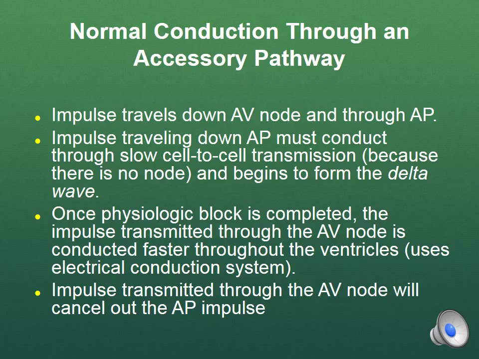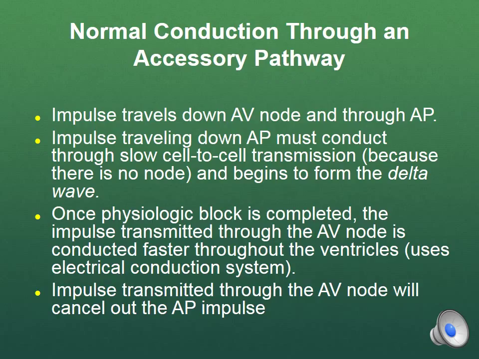The impulse traveling down the accessory pathway is going to be a lot slower because it's cell-to-cell transmission. There's no AV node. And this makes what we'll call a delta wave. I can't remember at this point if we've already discussed this before, but if not, hopefully it'll make a little more sense in a later lecture when we start talking about Wolff-Parkinson-White and other diseases with accessory pathways present.